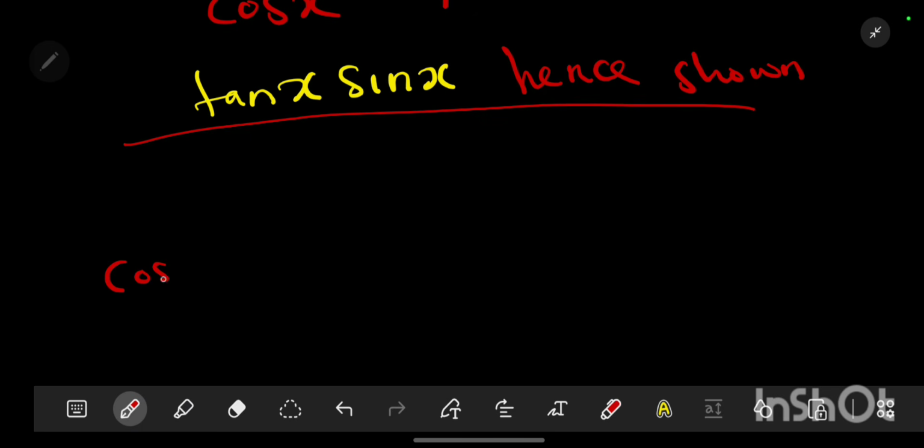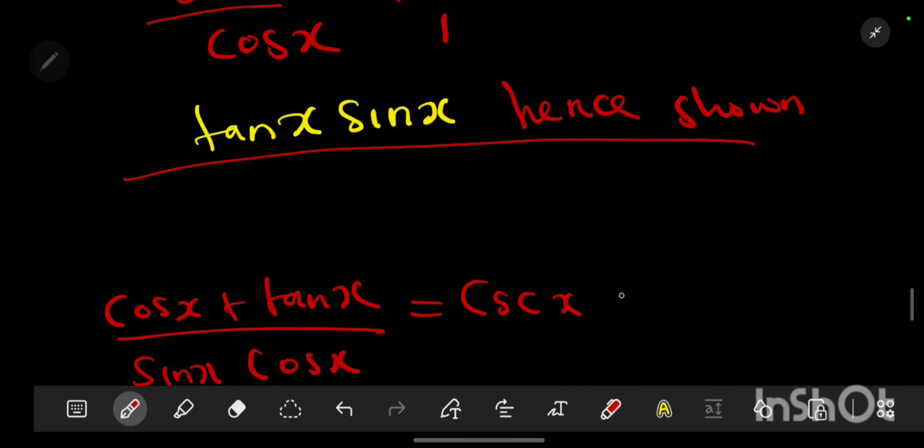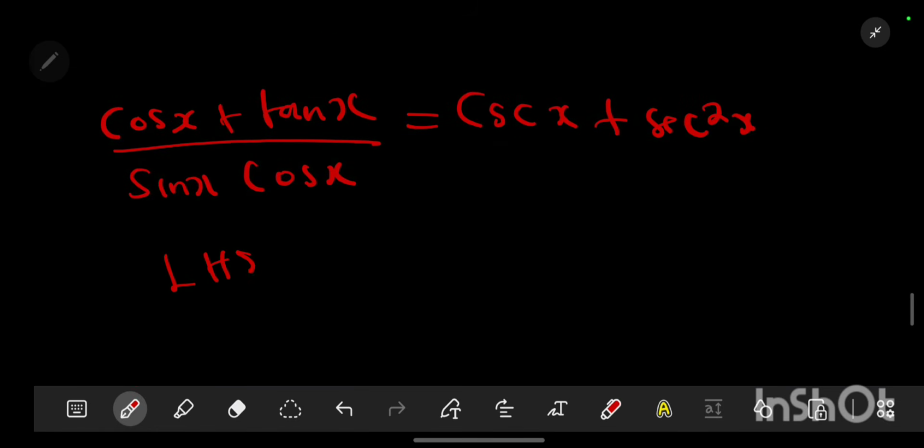Let's say we have cos x plus tan x over sine x cos x. This one is equal to cosec x plus sec squared x. Okay, let's use the left hand side.